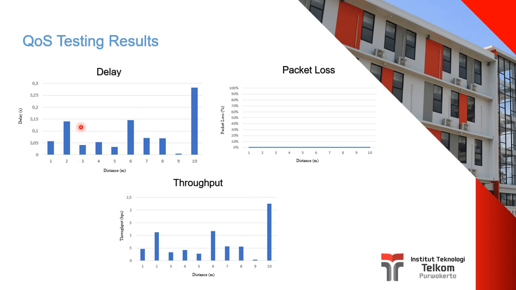As you can see, there are some numbers of delay, packet loss, and throughput. First let's see about the delay. The delay is tested using several distances from 1, 2, 3, 4, 5, 6, 7, 8, 9, and 10. And we can see from the information, the delay is very high at the distance of 10 meters.